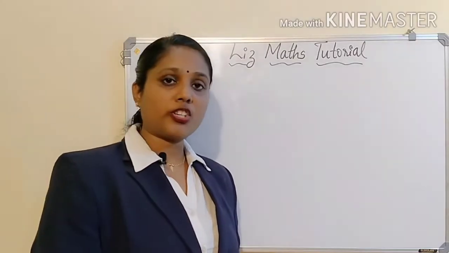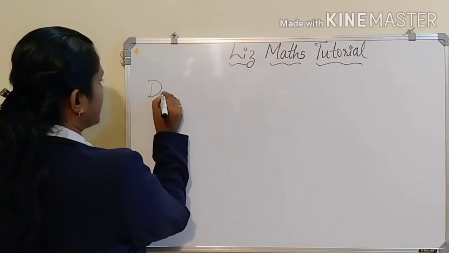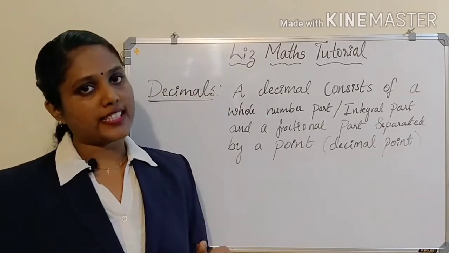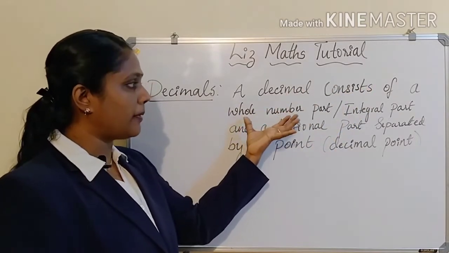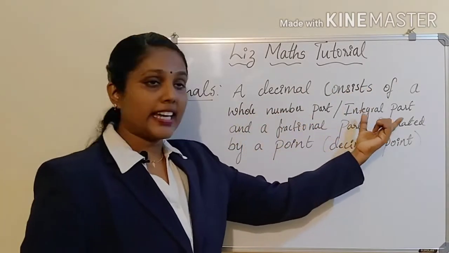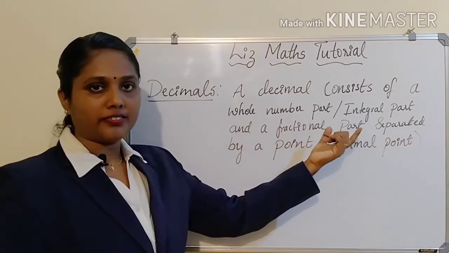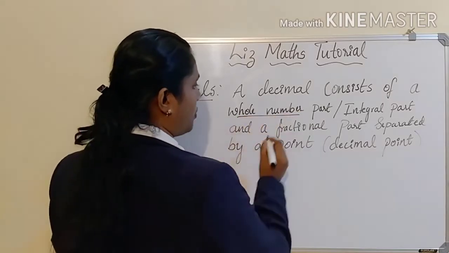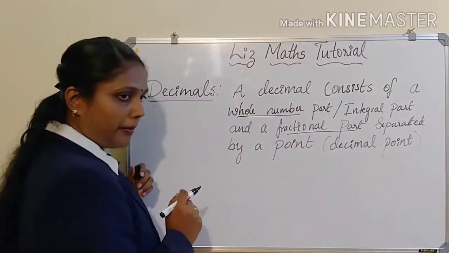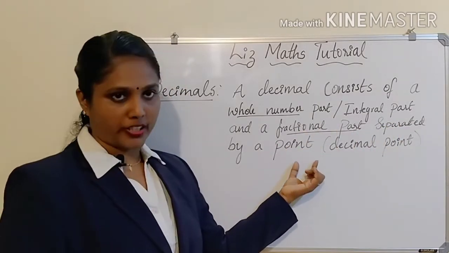What is the definition of a decimal? A decimal consists of a whole number part, or we can call it an integral part, and a fractional part together. It has a whole number and a fractional number, separated by a point.